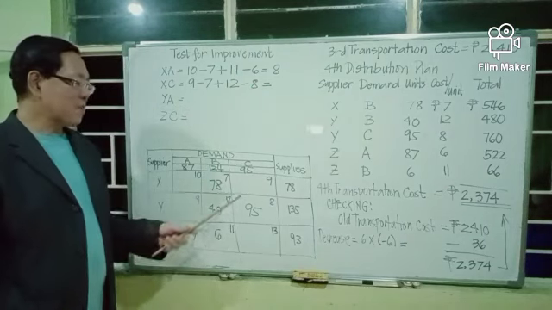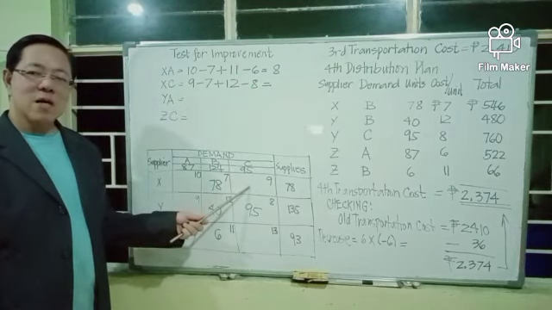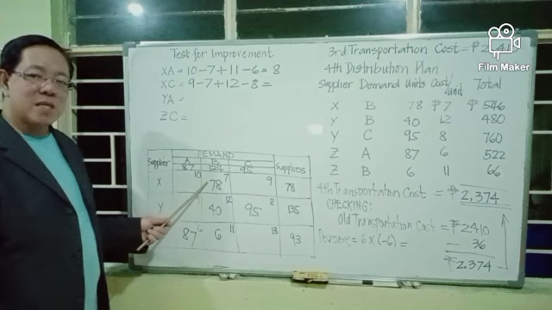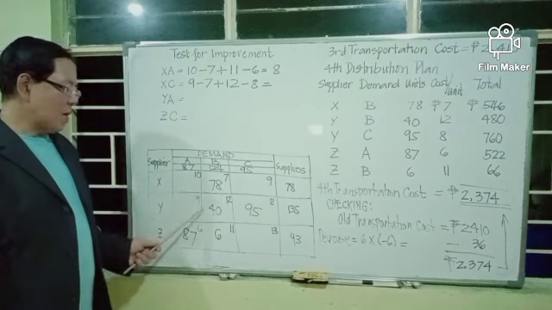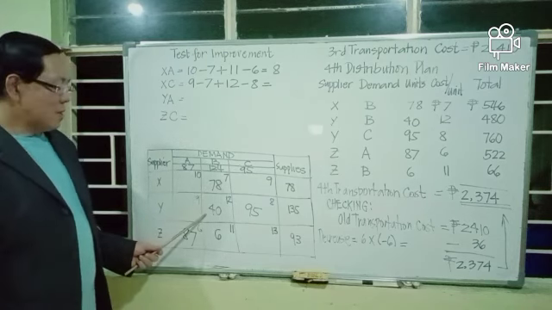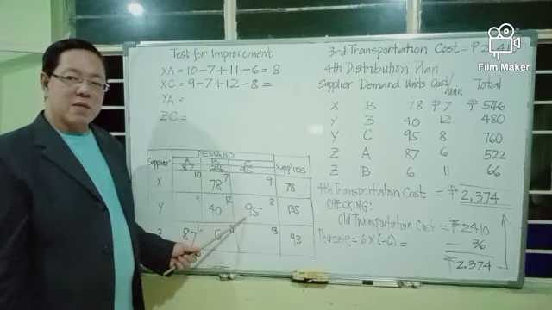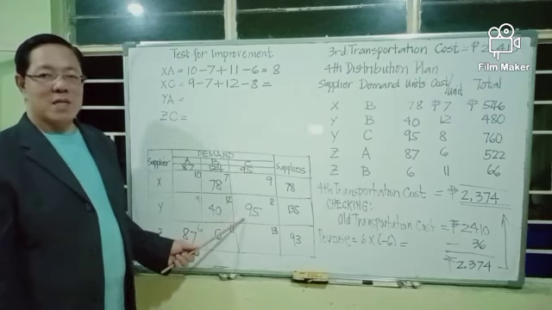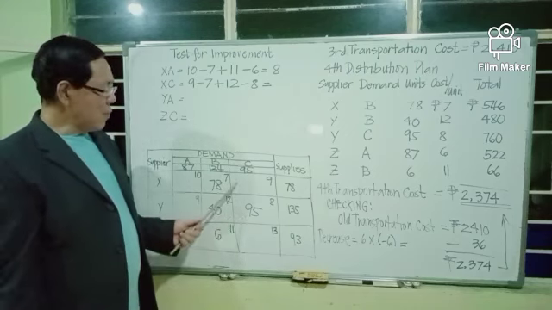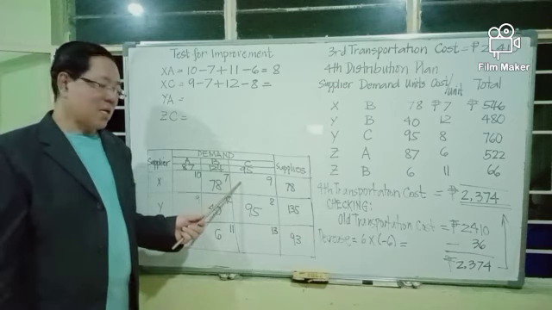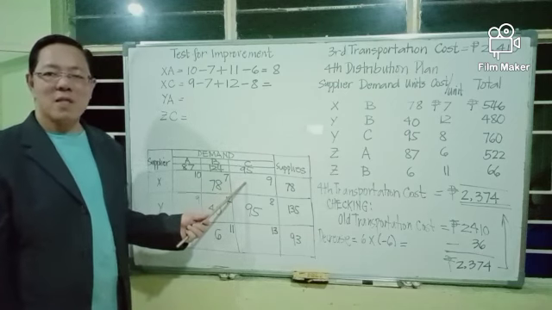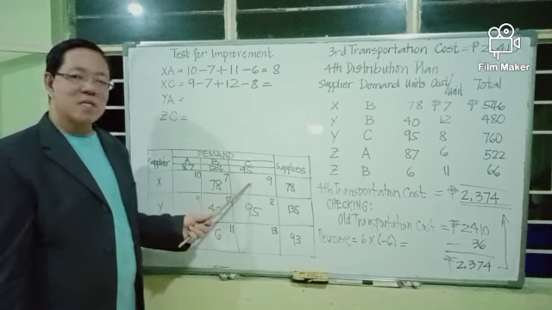Again, the closed path for this vacant cell is horizontal to the left up to 78, vertically downward up to 40 only, and horizontally to the right to 95, and finally vertically upward, and you are back at the vacant cell XC. You find the net cell cost for this vacant cell.